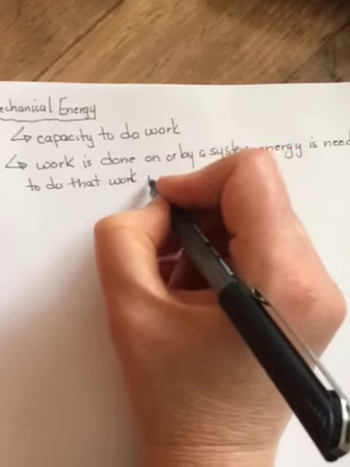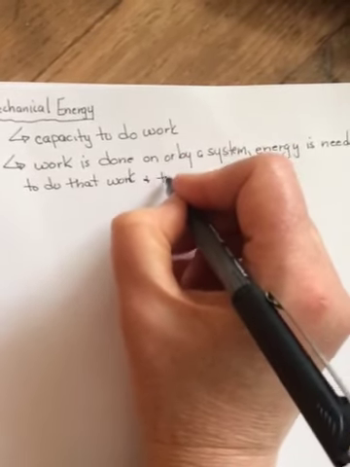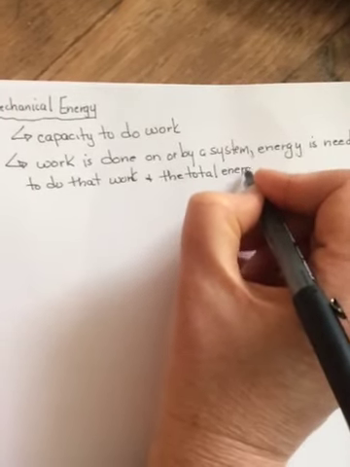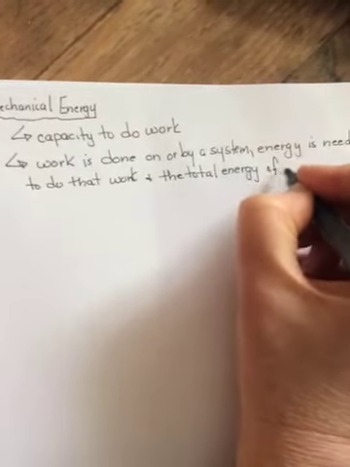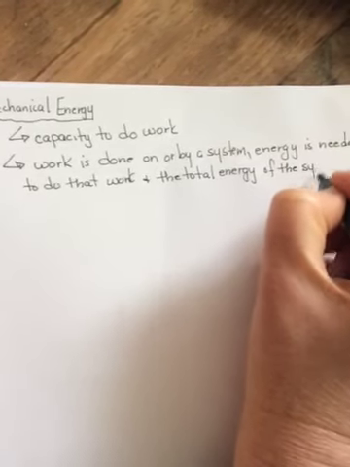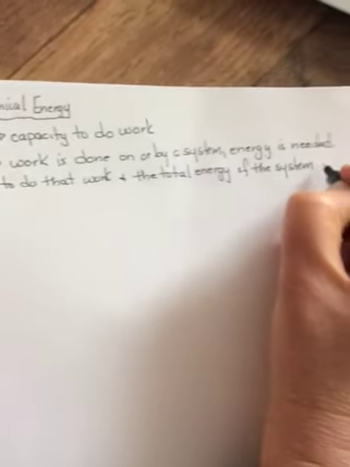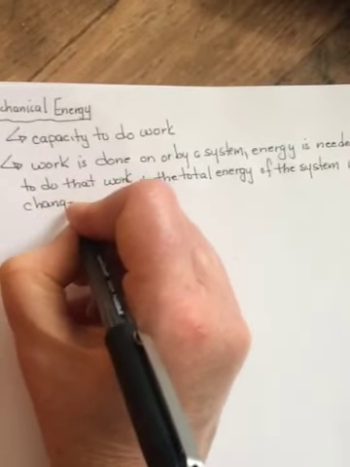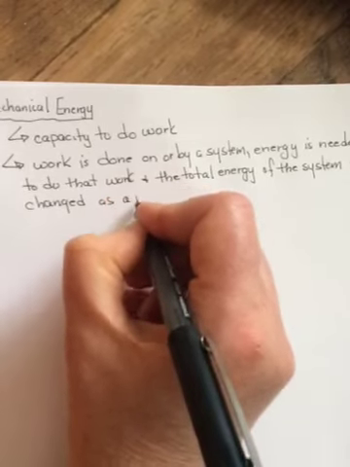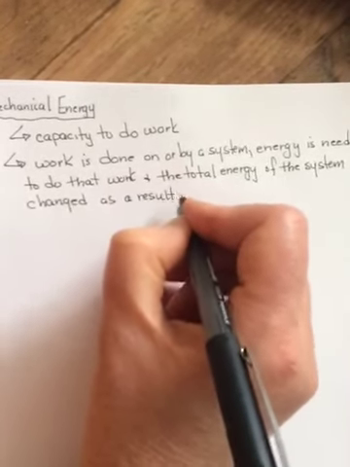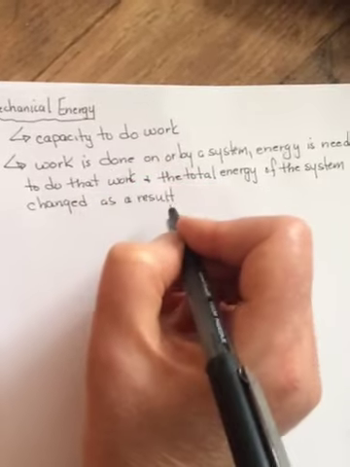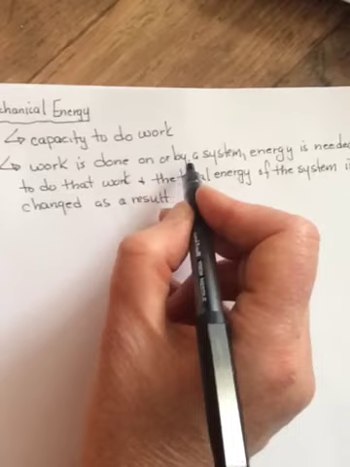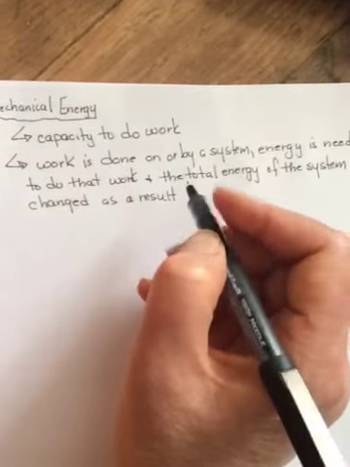And the total energy of the system is changed as a result. So if you're the one doing the work, you're going to be losing the energy. The thing that work is being done on is going to be gaining the energy.